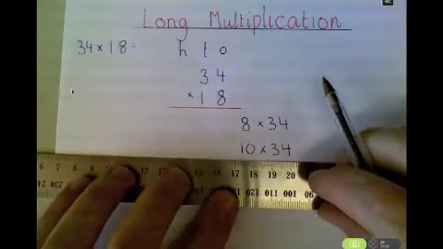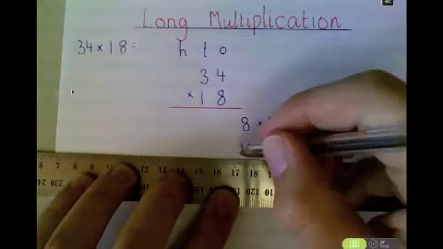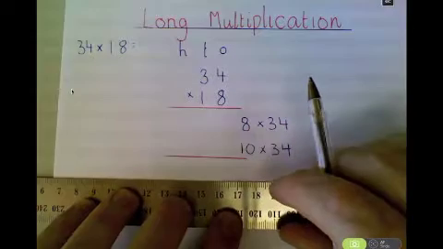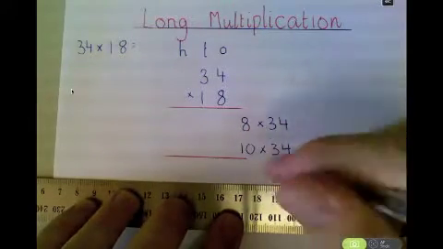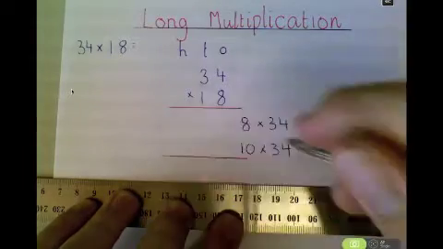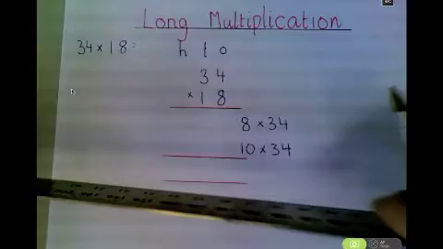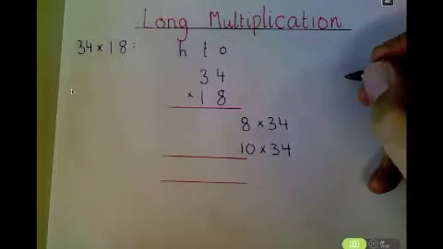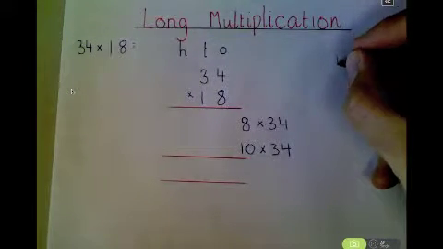We can then rule another line. And in here is where we add up our two answers to give us our final answer. So over here, we're just going to write down our thought process.